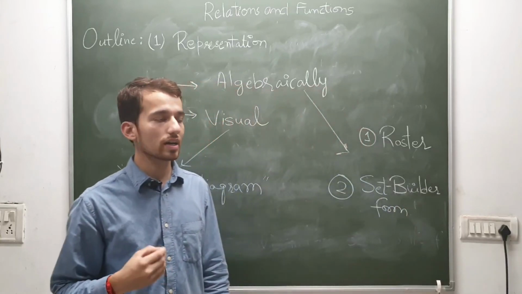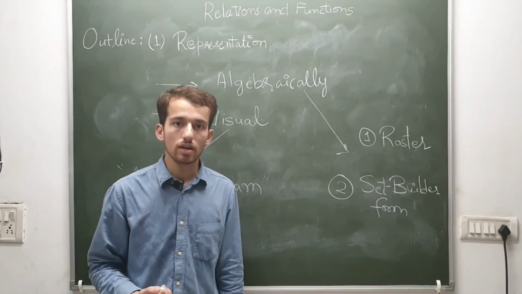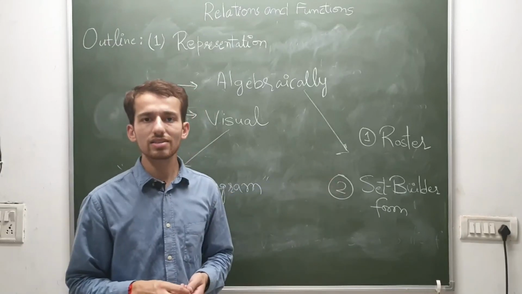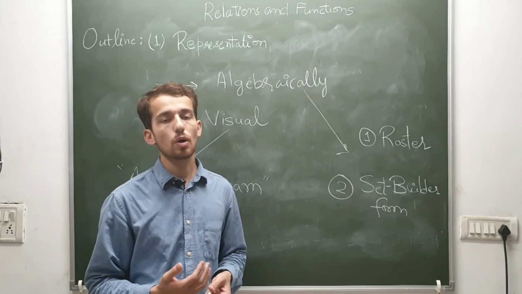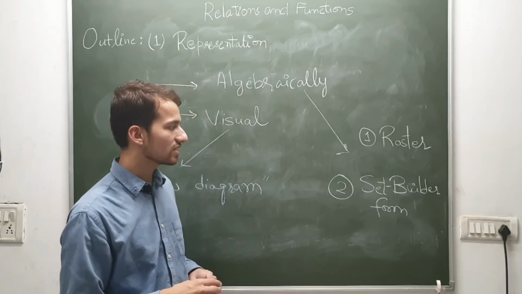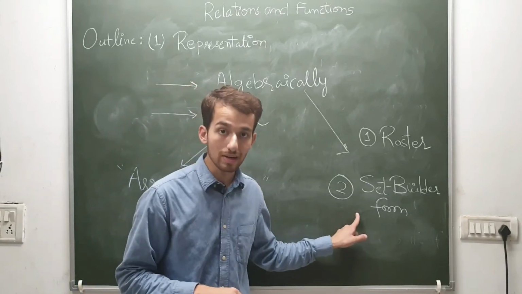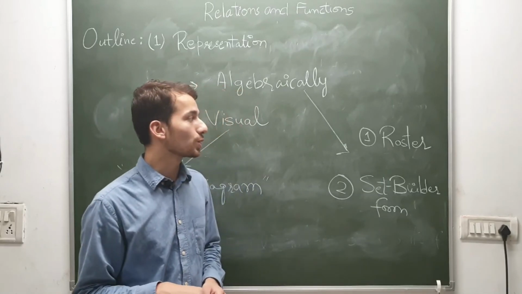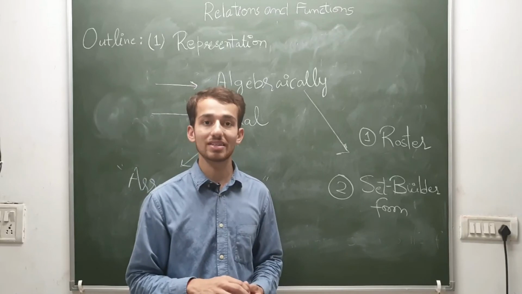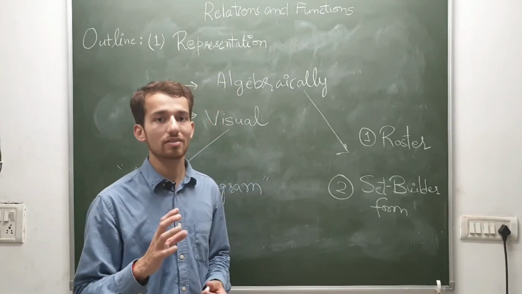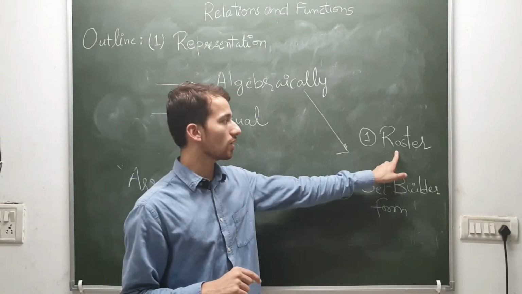Depending upon the kind of relation and the number of ordered pairs it has, you have to choose accordingly which form is better for you. If there is some property which all the ordered pairs satisfy, then of course the set builder form is better. And if you want to list the ordered pairs explicitly, and they are very few in number, you can count them easily, then of course this is a better option to go with.